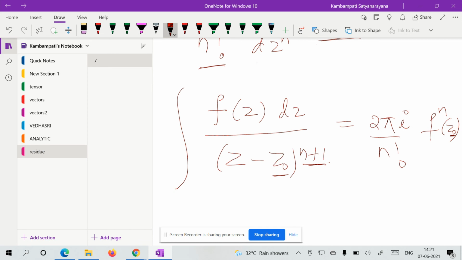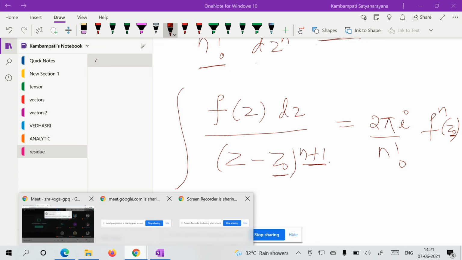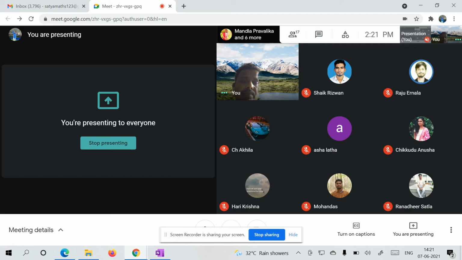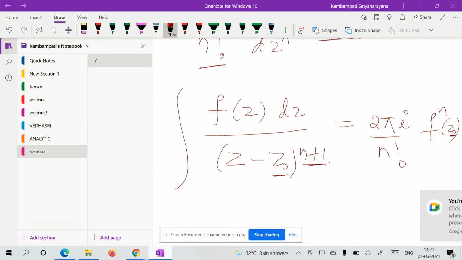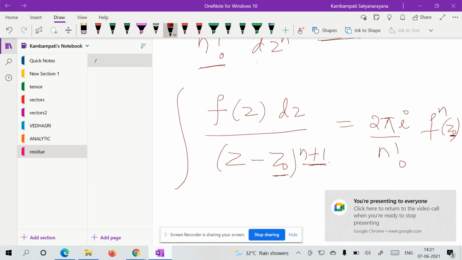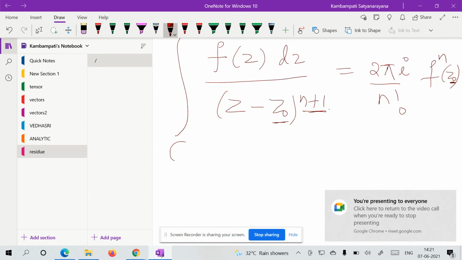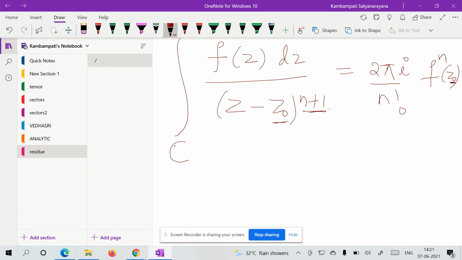This is for finding the integral of f of z dz over the contour C. The contour C may change from problem to problem.